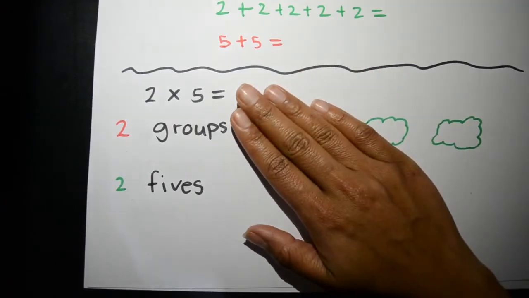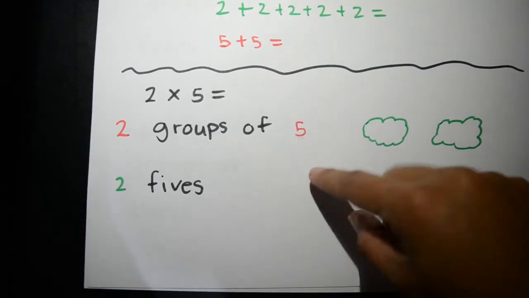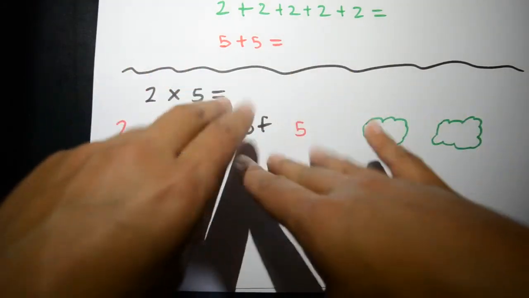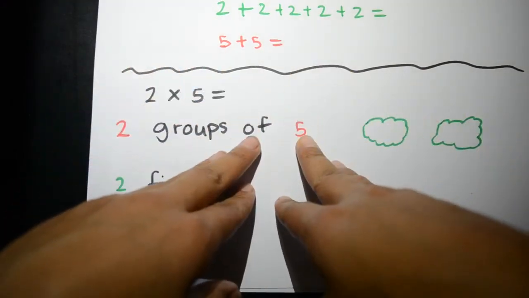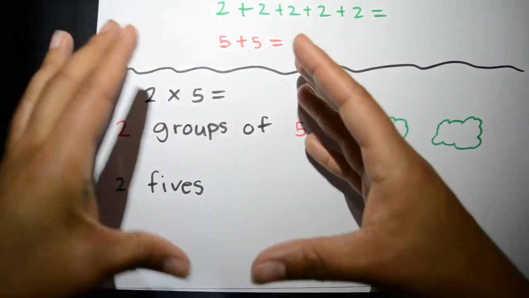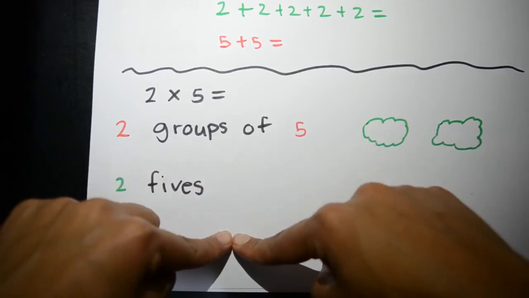So when we look at this, we see that there are 2 groups. Now remember, a group is like if we play a game and we all stand around and I say to you, okay, make groups of 3, then 3 people will stand together and another 3 people will stand together. It's about standing together, and you make a group.